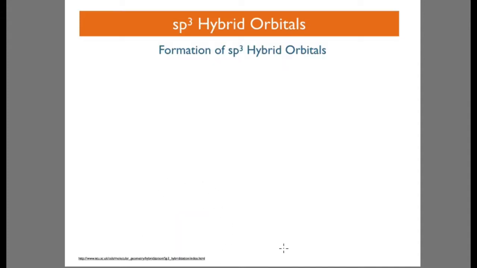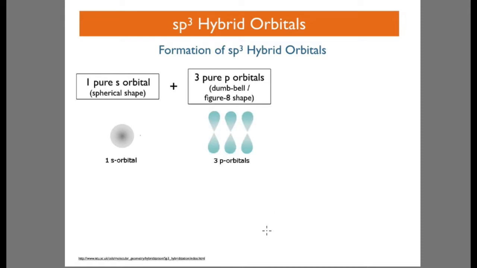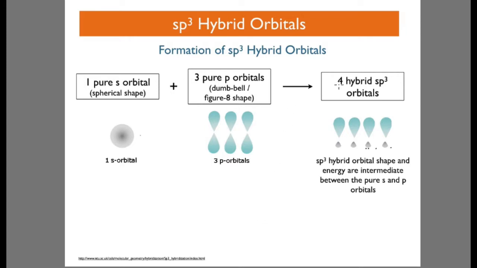The formation of sp3 hybrid orbitals. What's going on? You've got one pure s orbital, spherical in shape, and I'm taking the 1s orbital here, and three pure p orbitals, which are dumbbell shapes, a figure of 8 shape. And it gives us 4 hybrid sp3 orbitals.